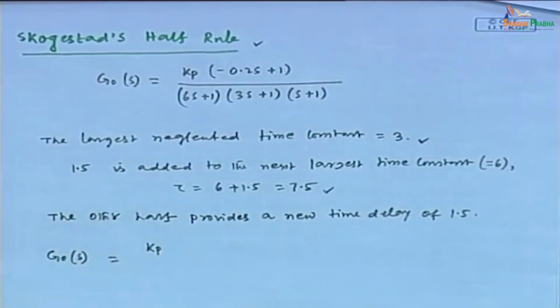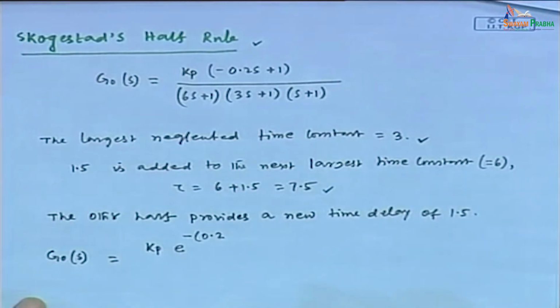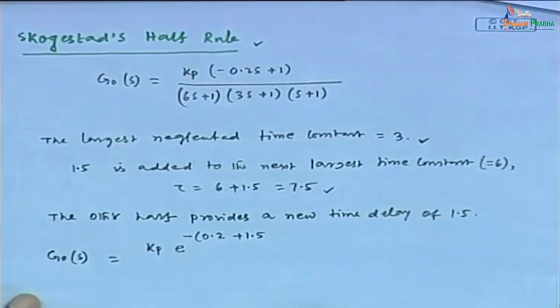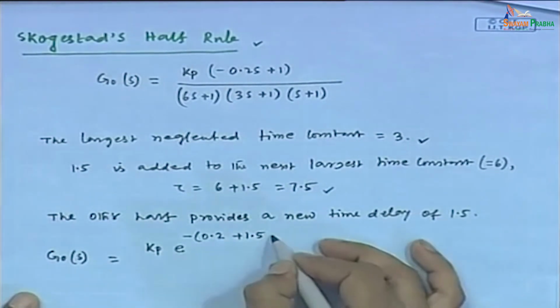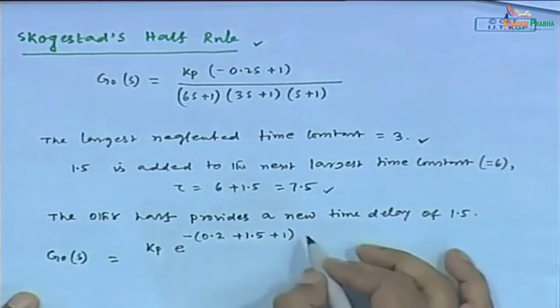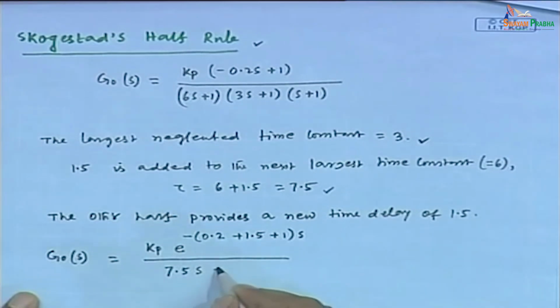According to this half rule, the transfer function finally becomes Kp exponential of minus 0.2 is there, half of 3, that is 1.5, is added, and 1 remains there. The time constant is already obtained, 7.5.